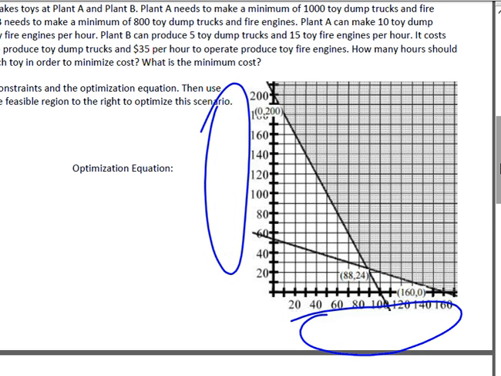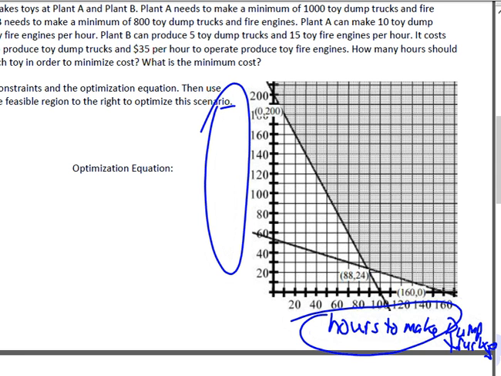Let's pause for a second while we figure that out. All right. This is something we should have told you, but X is the hours it takes to make, was it dump trucks on X? Was X dump trucks? Okay. Dump trucks. Now that we've got that, we can do this problem.